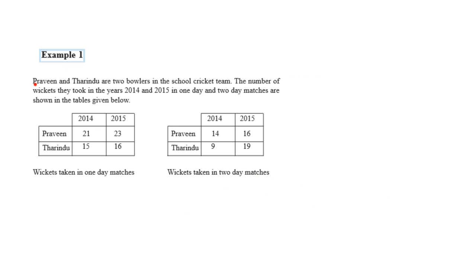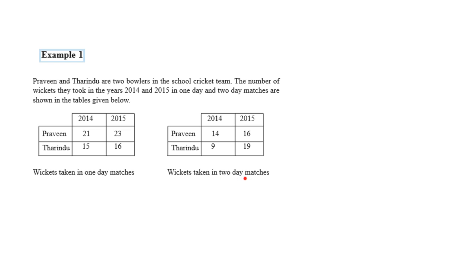Example 1. Praveen and Tarindu are two bowlers in the school cricket team. The number of wickets they took in the years 2014 and 2015 in 1 day and 2 day matches are shown in the table given below. Here you have wickets taken in 1 day matches. This table represents that one.